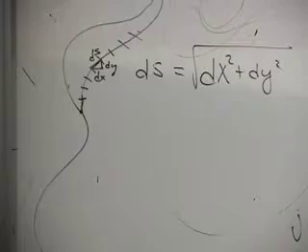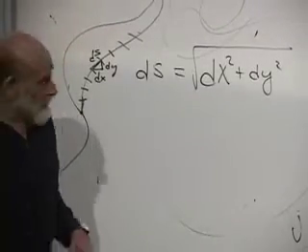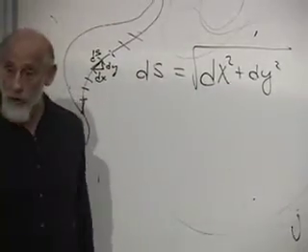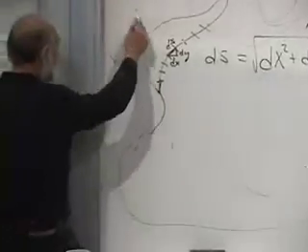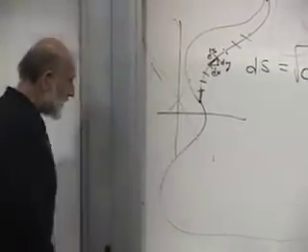All right. The important thing here is that the square root of dx squared plus dy squared, which is the distance between neighboring points, doesn't depend on your choice of axes. I could choose xy axes, I could choose x prime y prime axes.